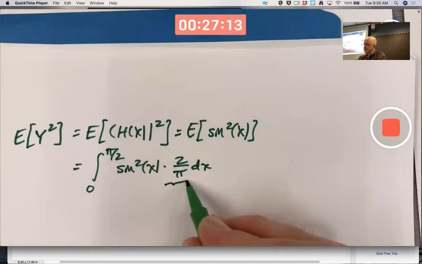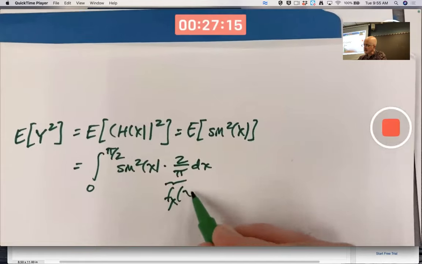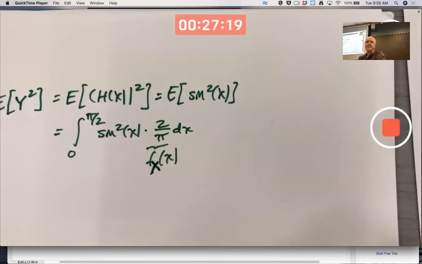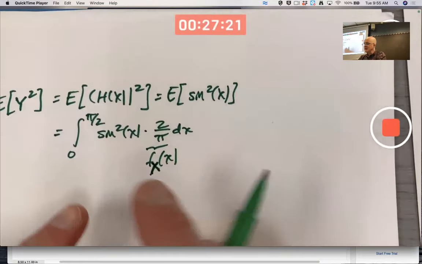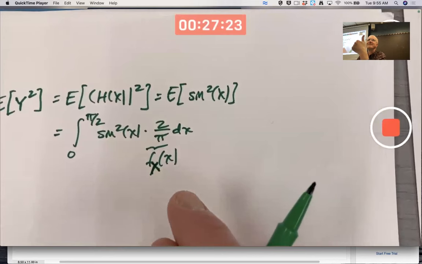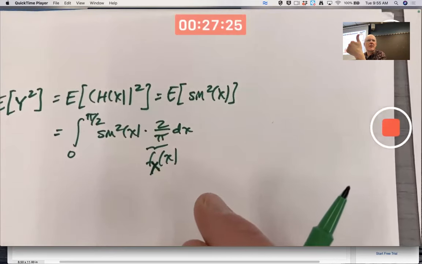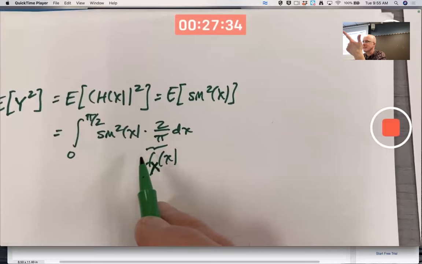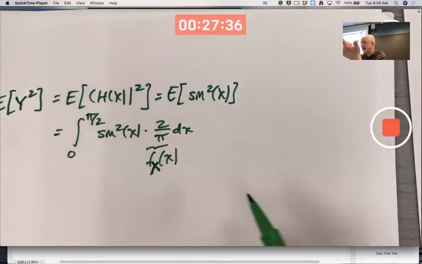That's the PDF of x right there. You can do this either by doing integration by parts a couple times, or it's okay if you look that up in the table, or use Mathematica to just do this integral symbolically, at least if you start it by hand like this.